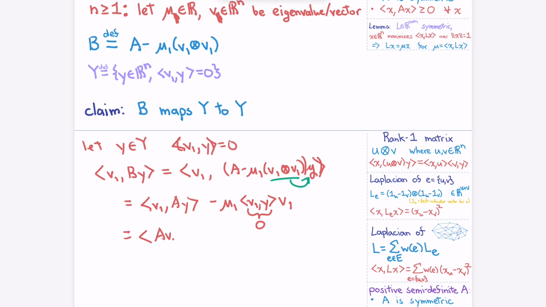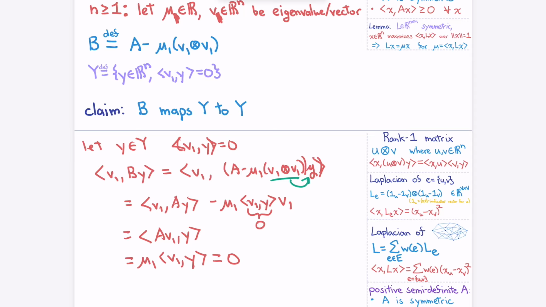So I can take the transpose without actually having to write a T. Now v1 is the eigenvector with eigenvalue mu1. And then v1 is orthogonal to y. Okay, so it's kind of straightforward.